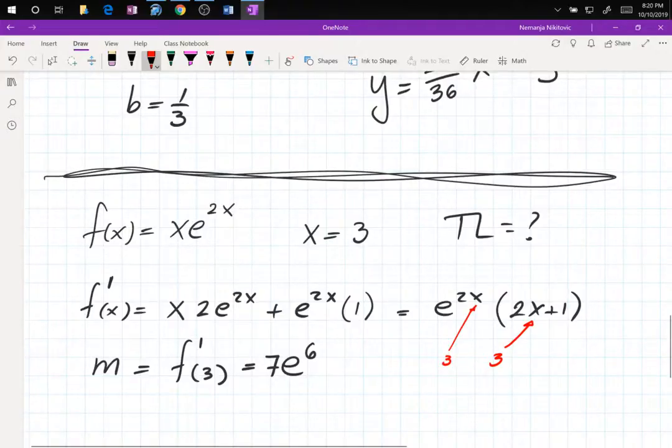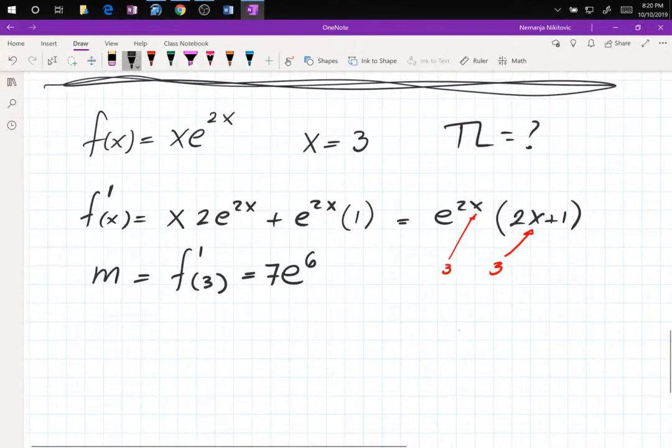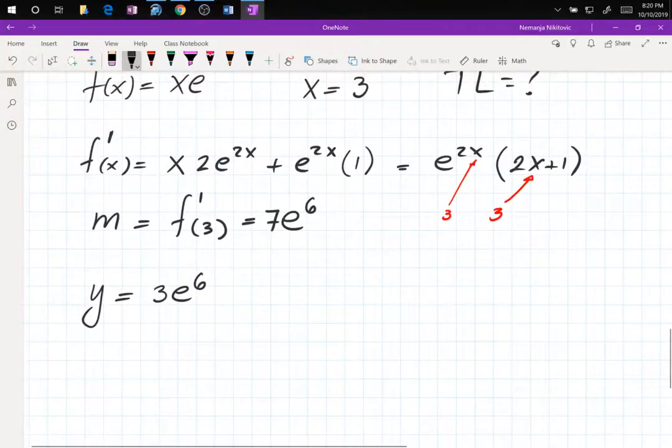So e to the 6, and then you have 6 plus 1 is 7. So 7e to the 6 is the slope. So that was the first part, computing the slope. Next one is to compute y. And y is equal to plug in 3, so that's 3e to the 6, when you plug in 3 into the original function.